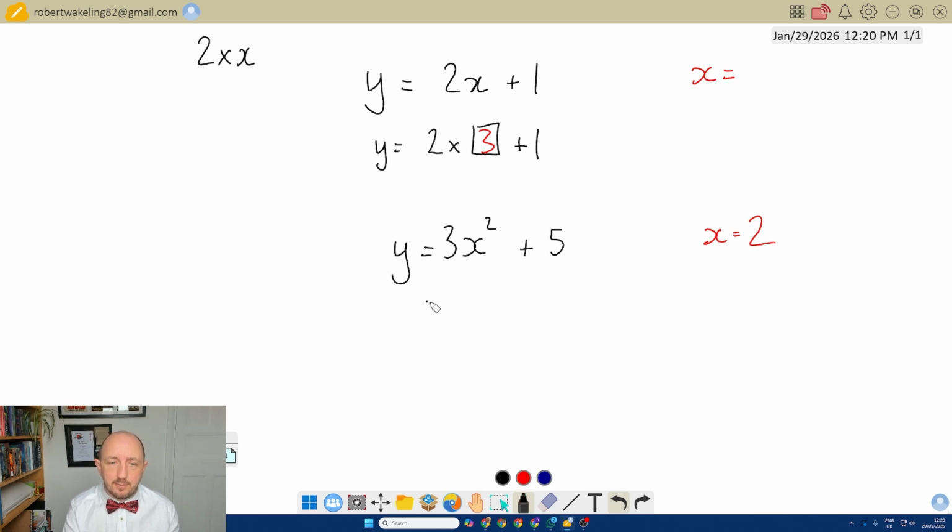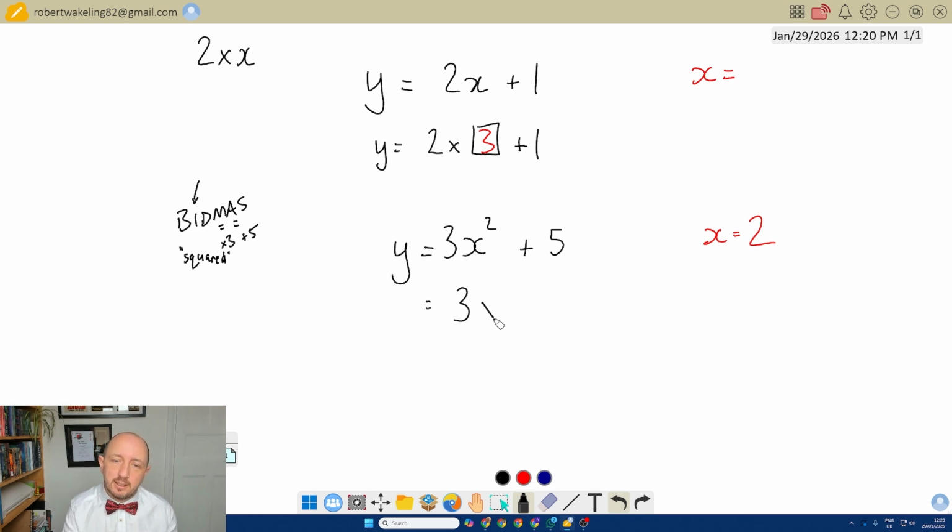In this case, what's happening to x from BIDMAS is we're squaring it, that's the indices part, timesing by 3, and adding 5. So we must make sure we do the squared first, then times by 3, and then plus 5.